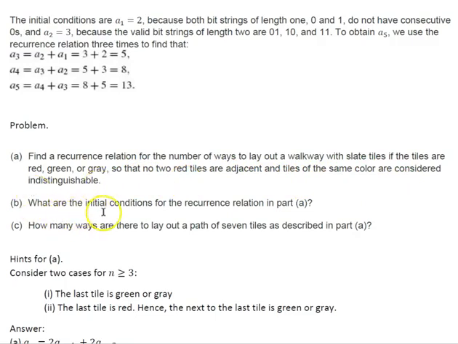B. What are the initial conditions for the recurrence relation in part A? C. How many ways are there to lay out a path of 7 tiles as described in part A?